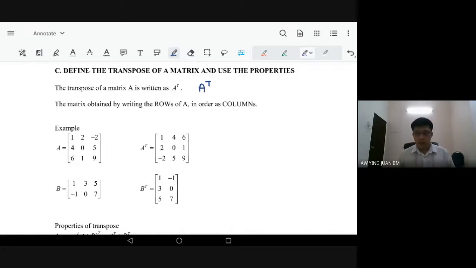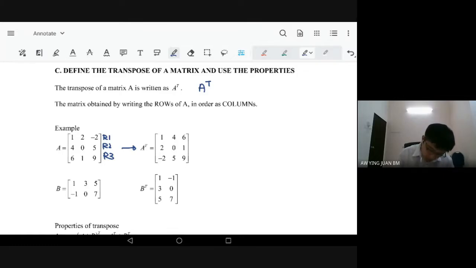So as a conclusion, when we notice that we have a transpose of A, or A transpose, it means that the rows have to switch and become columns. For example, kindly refer to A. We have row 1, row 2, and row 3. So if it's A transpose, the rows become columns.